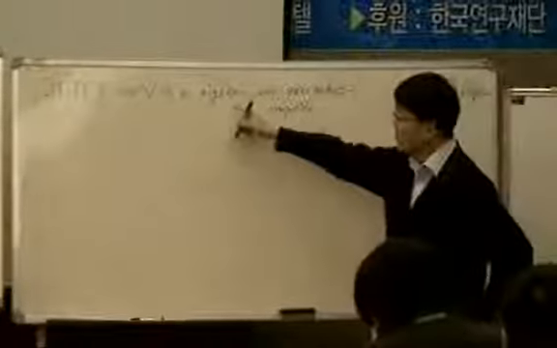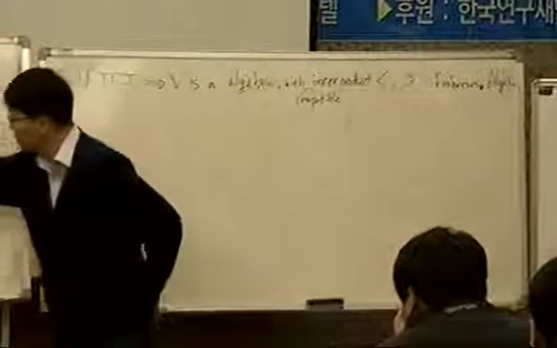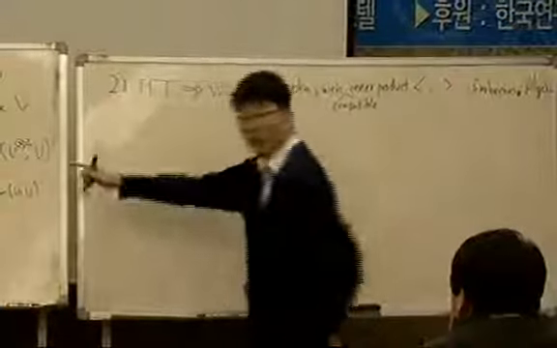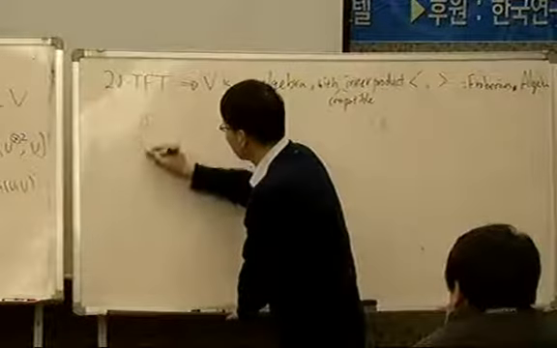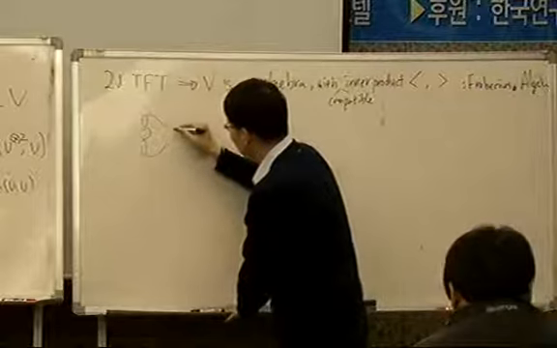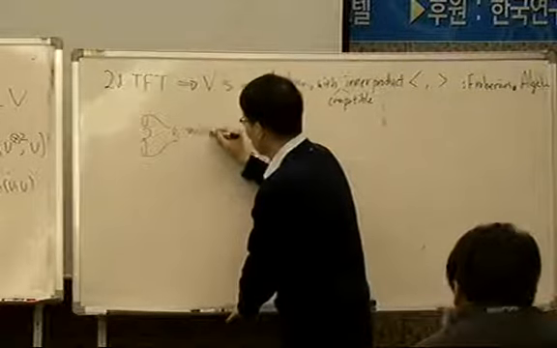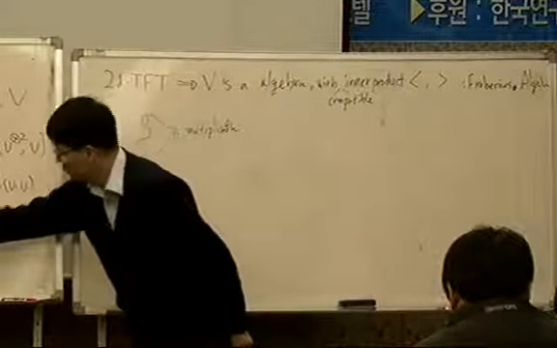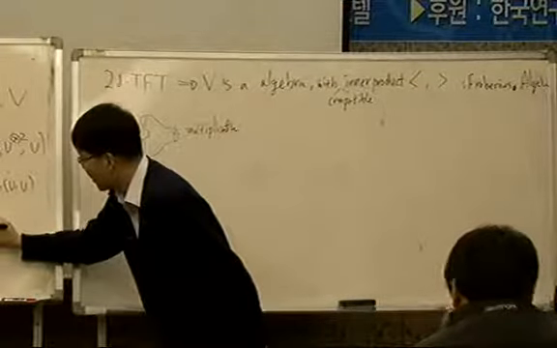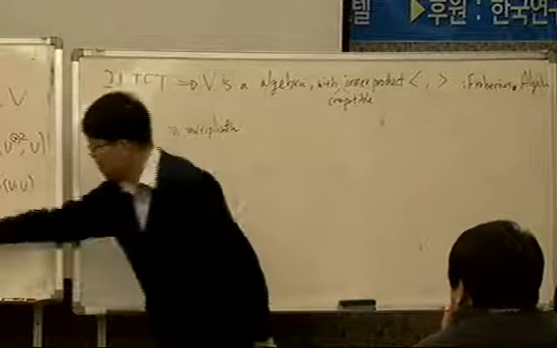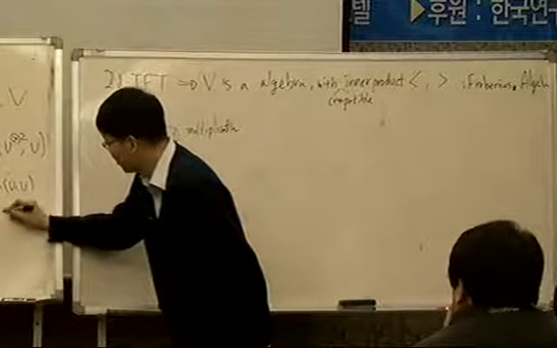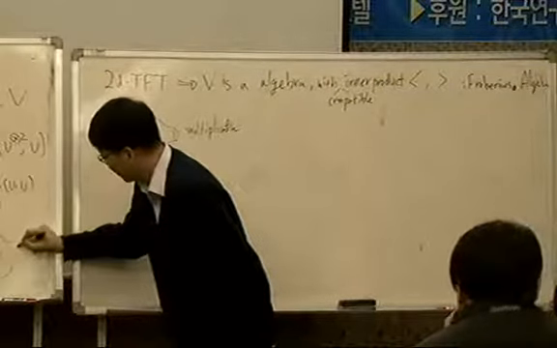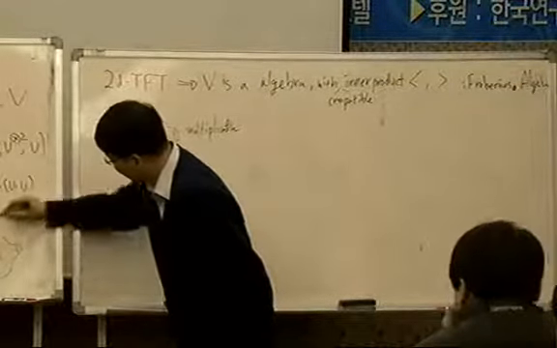So what is the algebra structure? This pair of pants is the multiplication, and this has to be the same as composing in the other way.